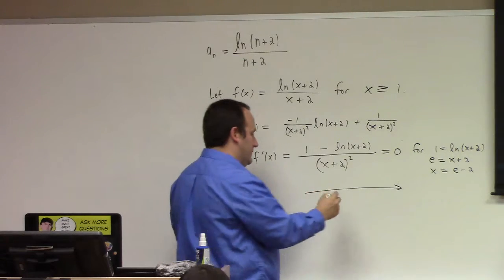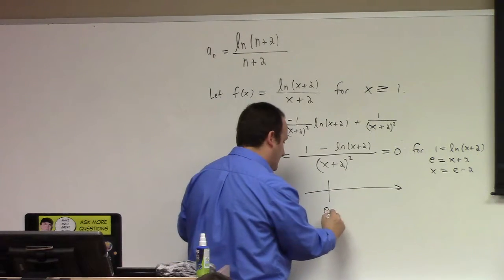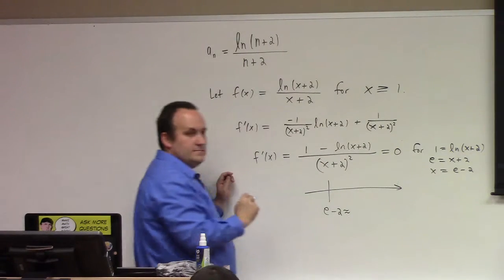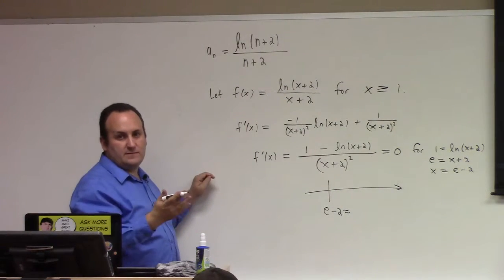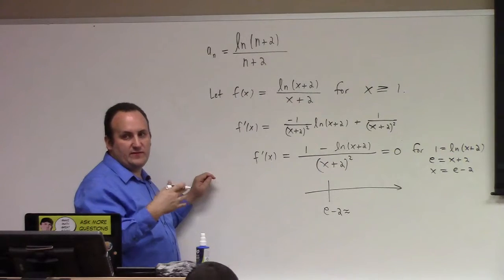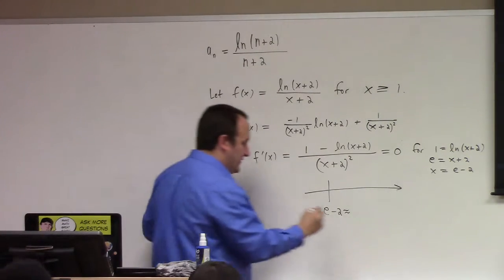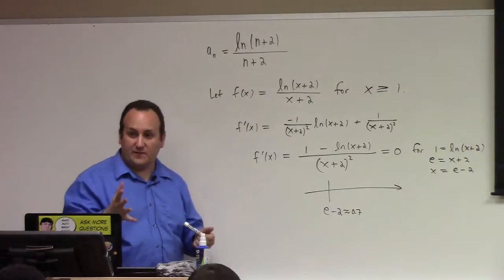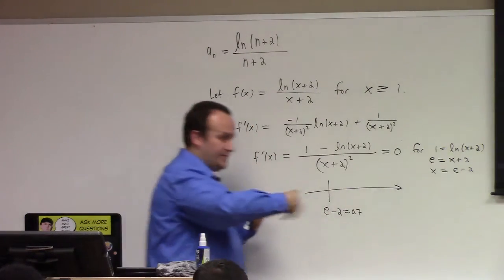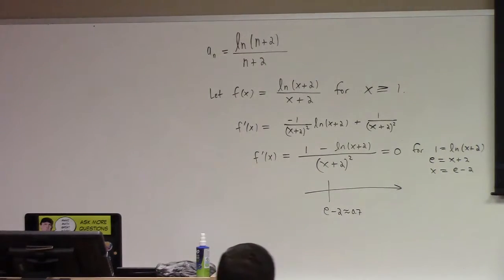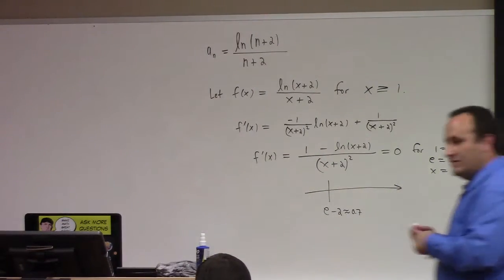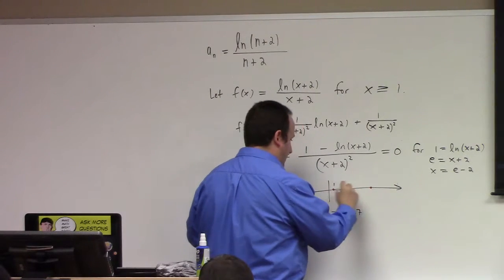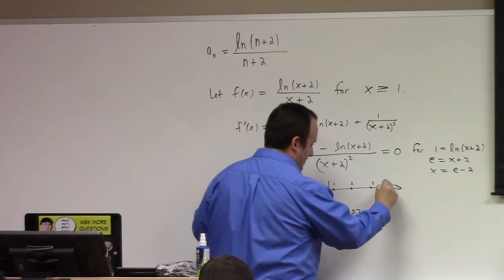So the critical number is e minus 2, which is 2.717 minus 2, about 0.7, right? So the points I care about for the sequence are past that, like 1, 2, 3, 4, 5, 6, 7, and so forth.